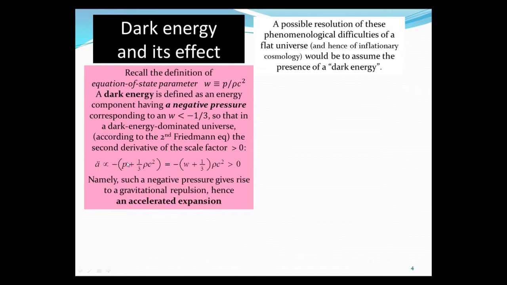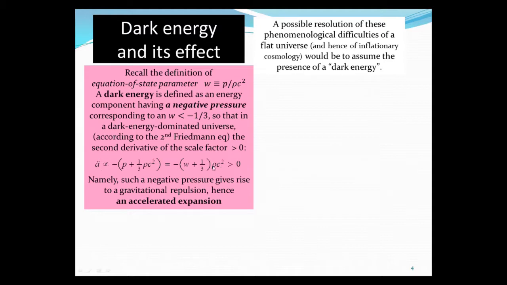So if the pressure is equal to W rho c squared, I have the factor rho c squared times minus W plus one-third. If W is less than minus one-third, then this parenthesis is negative because of the minus in front of it. Therefore, a double dot will be positive.